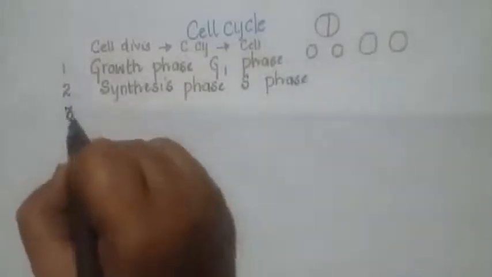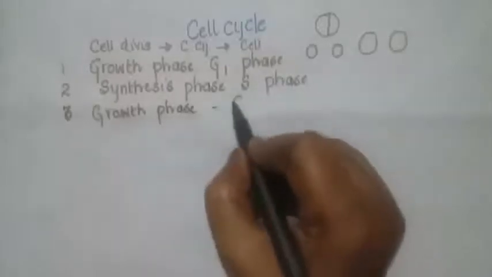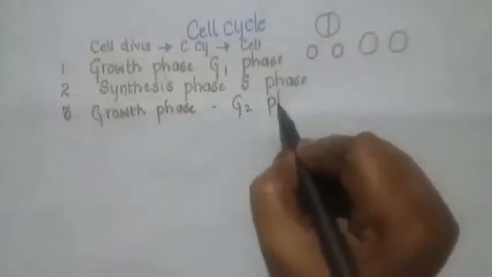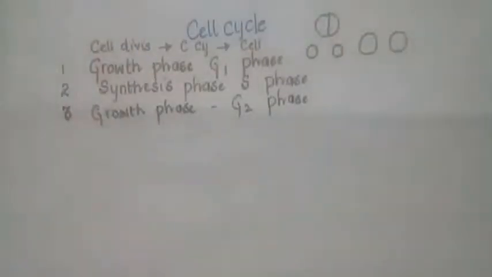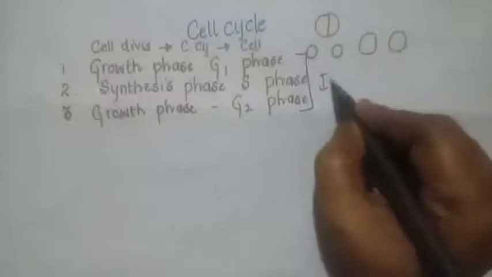Then the last phase is known as growth phase 2, that is the G2 phase. All these 3 phases collectively are named the interphase.